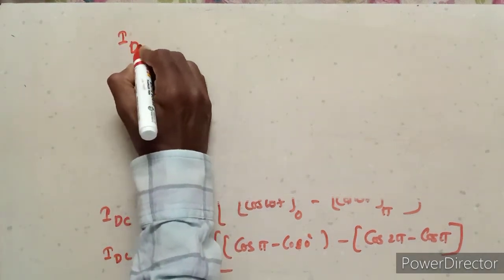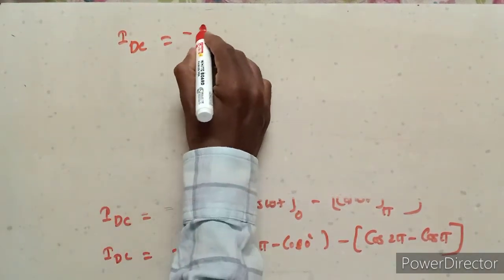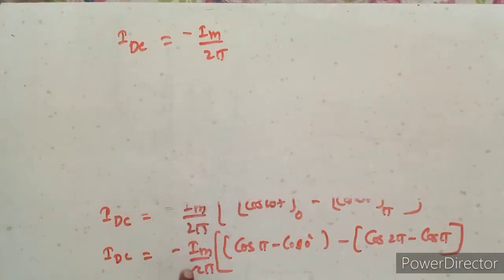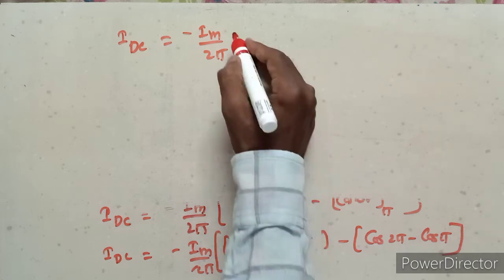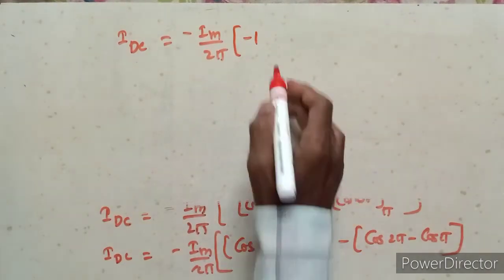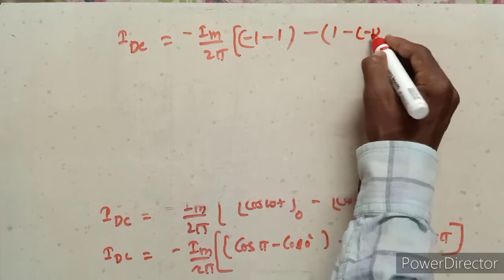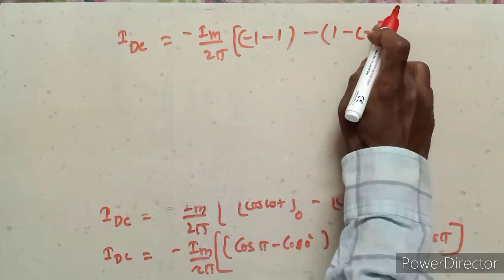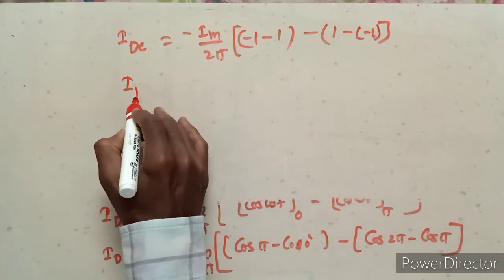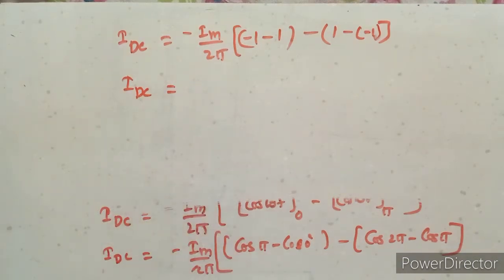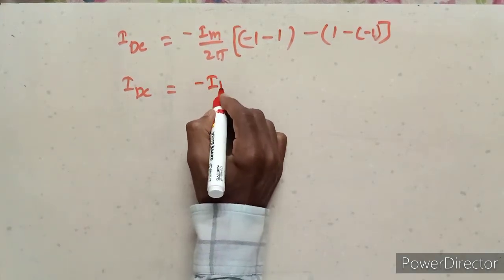The dc value of the current equals minus Im upon 2 pi, cos pi is minus 1, minus cos 0 value is 1, minus cos 2 pi is 1, minus cos pi value is minus 1.